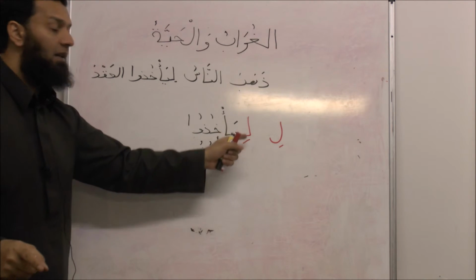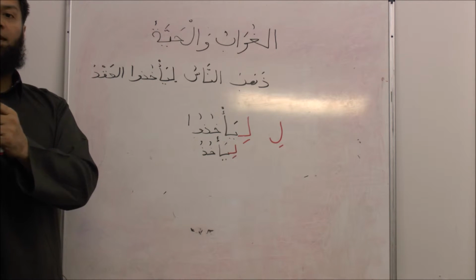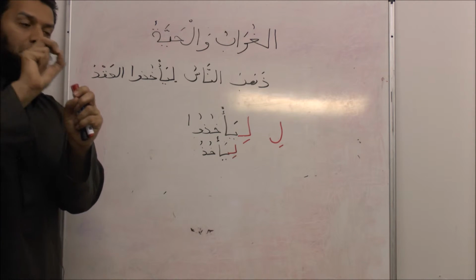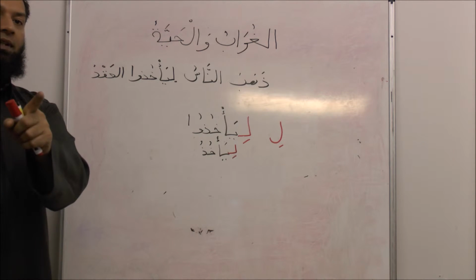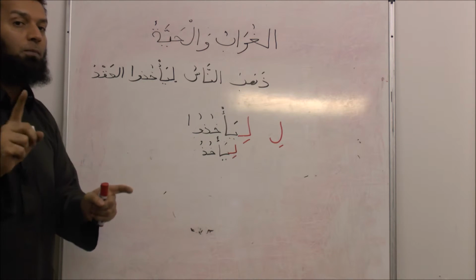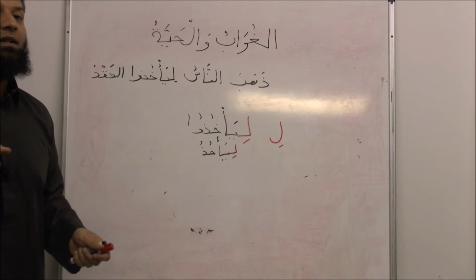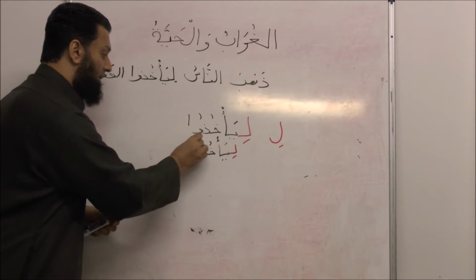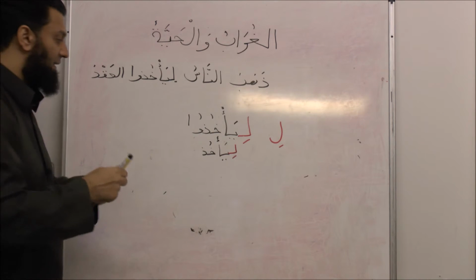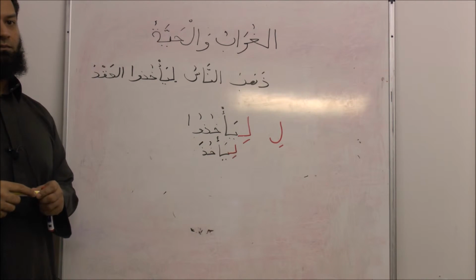Remember we said that li is from what we call adatun nasbi, the means of making something mansoob. So what is the normal mansoobun state of a word, and how is it represented? A fatha. This is the easy one. It just changes to that: liya'khudha.